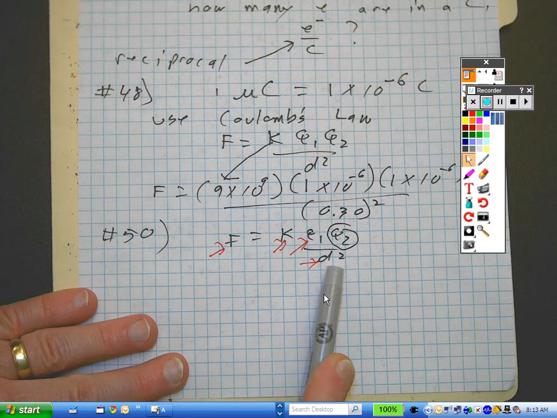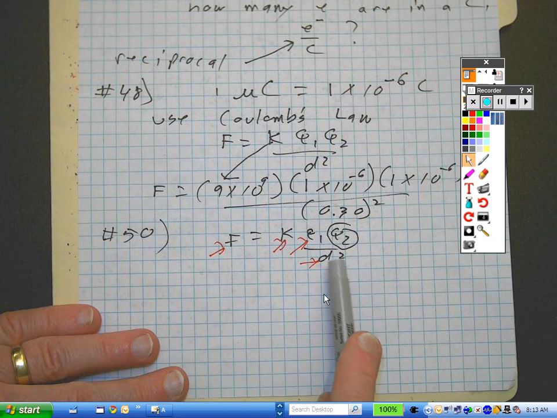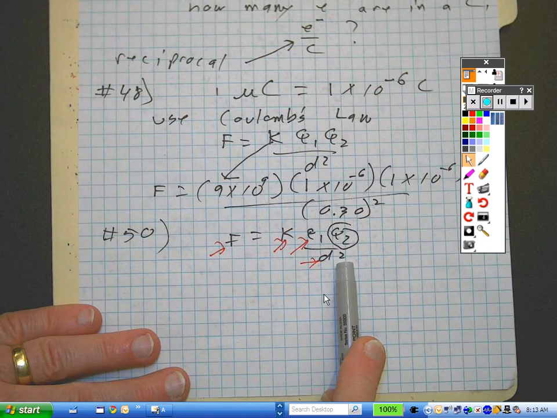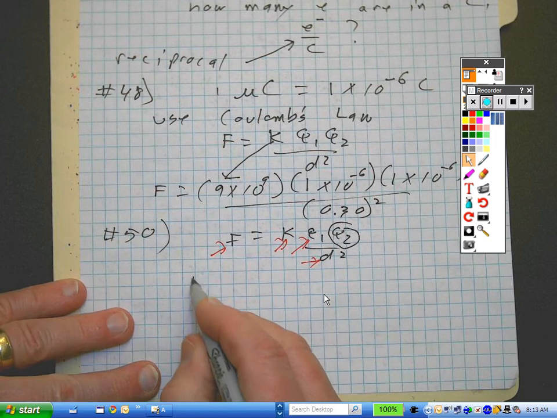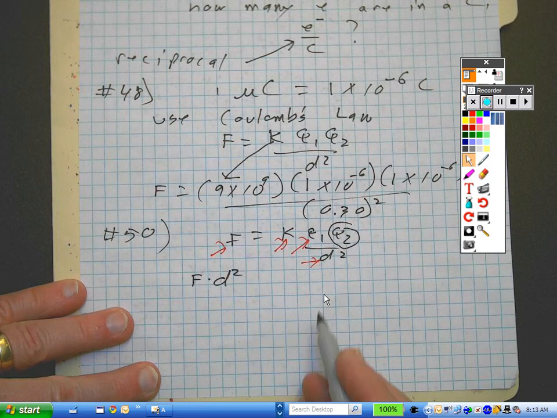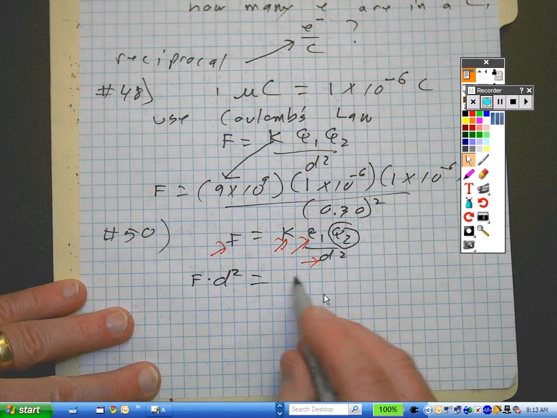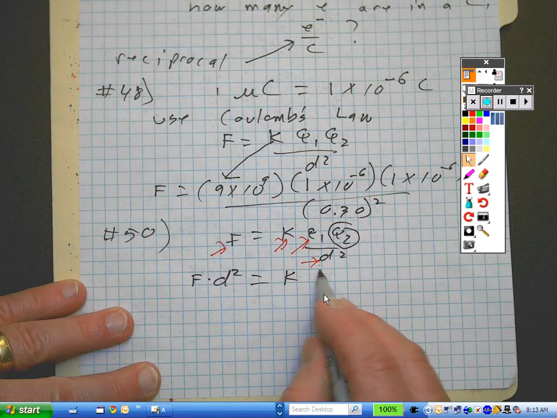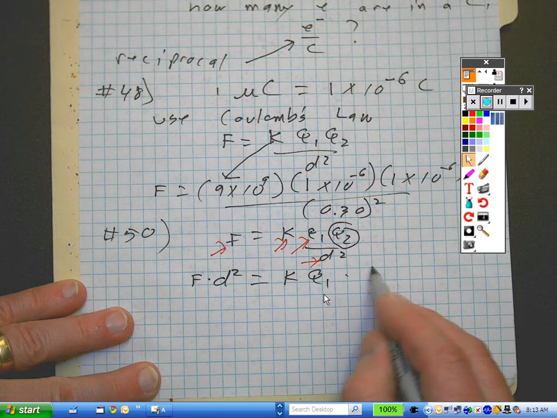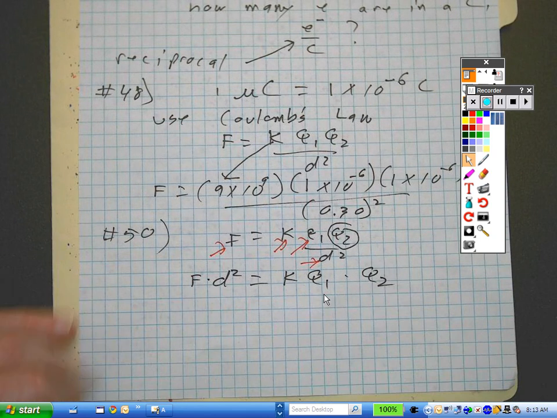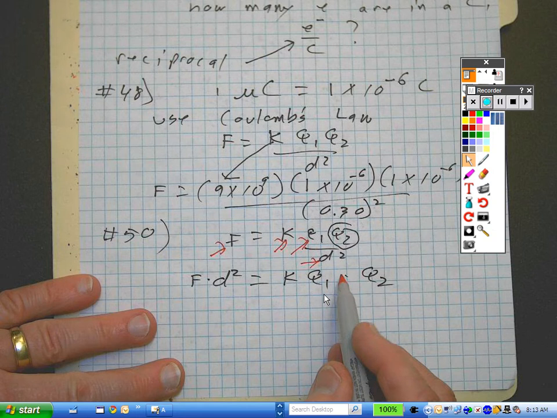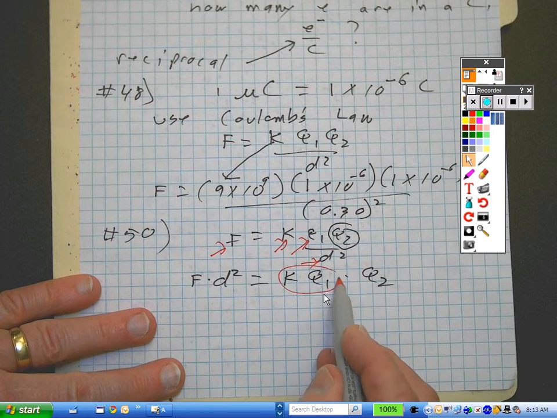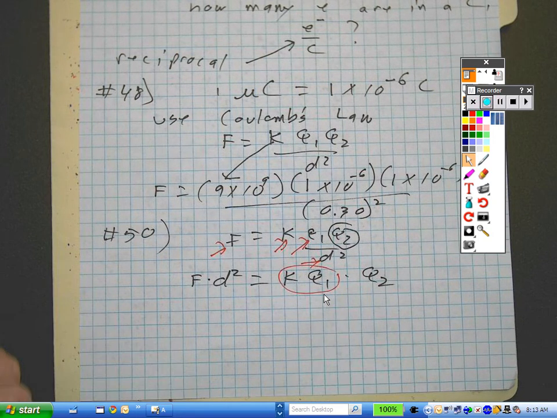So then basically that gets rid of the d squared. So if you take force times d squared, then the right-hand side is only K Q1 times Q2. To finish the algebra then, no reason you can't just divide by this and you'd be finished.